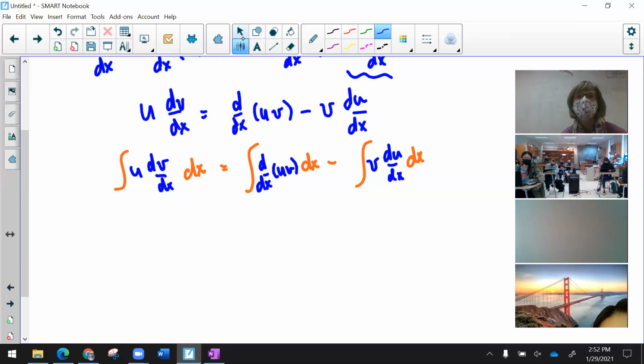Okay. And then I'm kind of going to do some things here. So the antiderivative of the derivative of uv is going to be u times v, right? I mean, that makes sense, the integral of the derivative.